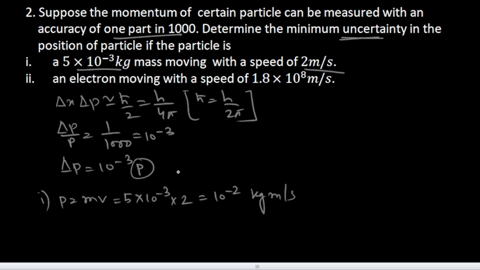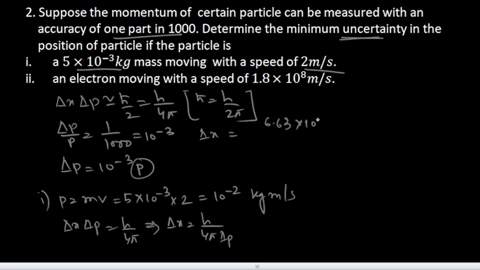Alright. Now let's substitute all these values into the uncertainty principle. We have Δx Δp is h/4π, so Δx is h/4πΔp. Substituting the values, we get Δx equal to h, which is 6.63 into 10 to the power minus 34, by 4π into Δp, which is 10 to the power minus 3 p, where p is again 10 to the power minus 2.